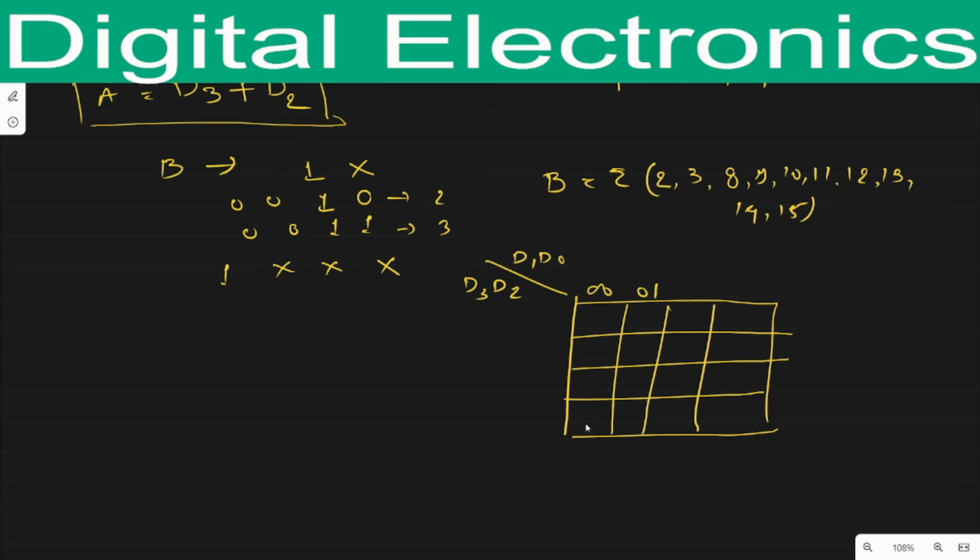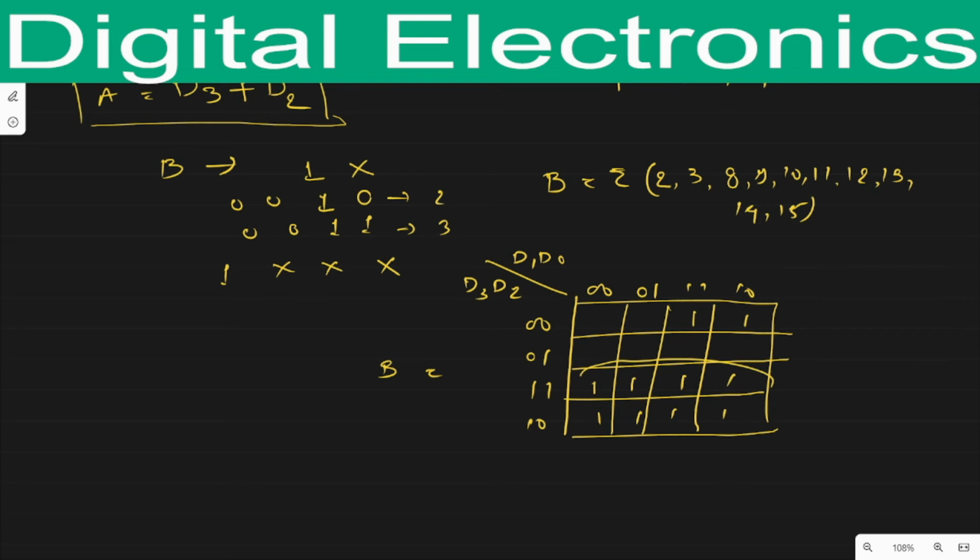This one is 0 0, 0 1, 1 0 and 1 1. So 0 1 2 3, then 4 5 6 7, then 8 9 10 11, 12 13 14 15. This one is the cell for B.